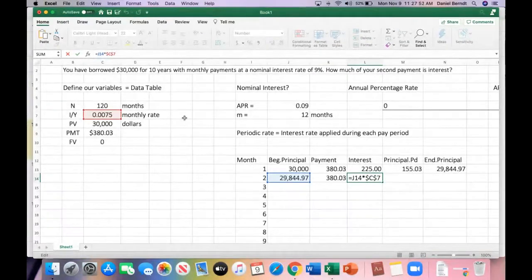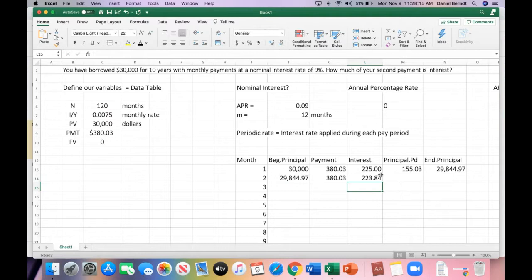I didn't have to recreate that. The anchoring told it to look to the left in the exact same place that this one was looking to the left. So it copied down a row, but it looked right where I wanted it to. And it also looked back to that monthly rate, which is really neat because I anchored it there. So no matter how many times I copy that formula, it's always going to look back to that anchored cell there. So that's pretty cool.